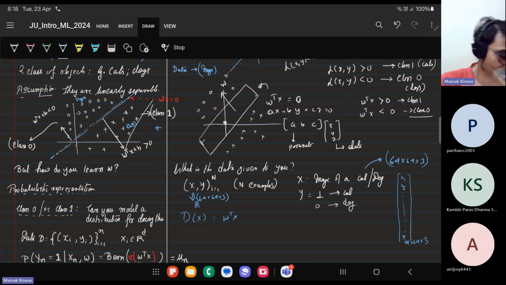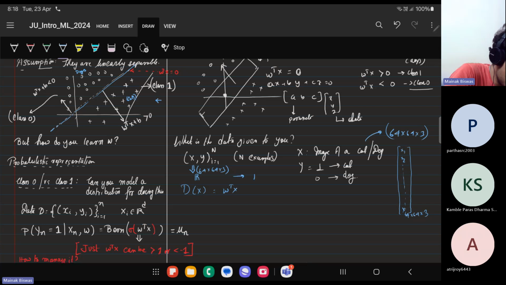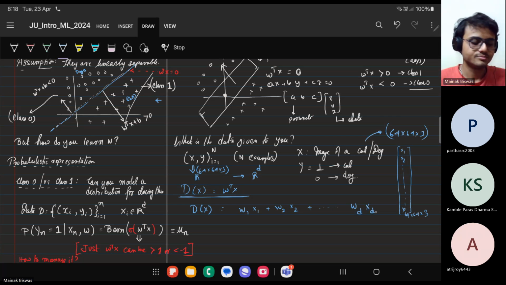Say this is our D features. It would be useful if you could stop me or ask me questions when we have reached a landmark. So with this, I get W1x1 plus W2x2 plus dot dot dot WDXD. Say we are doing it for the ith example.